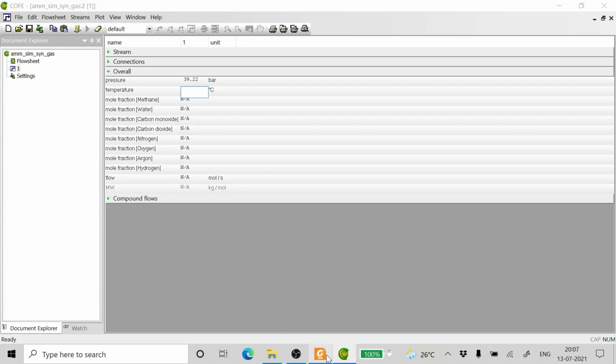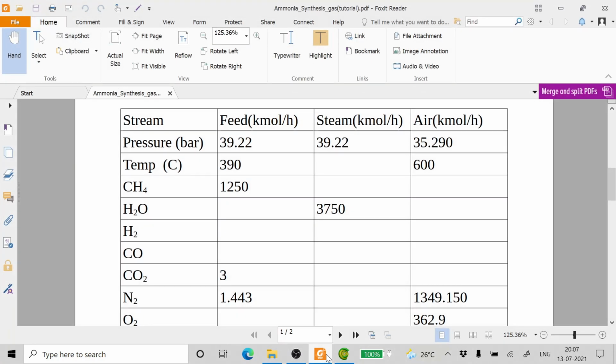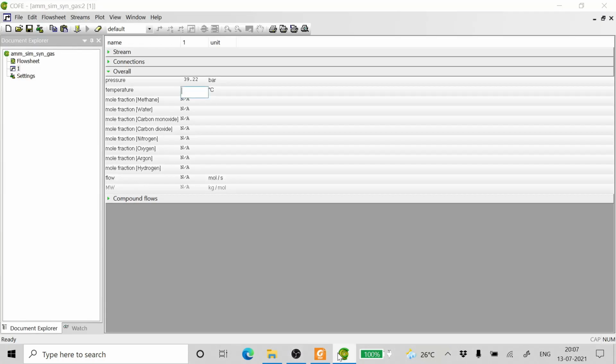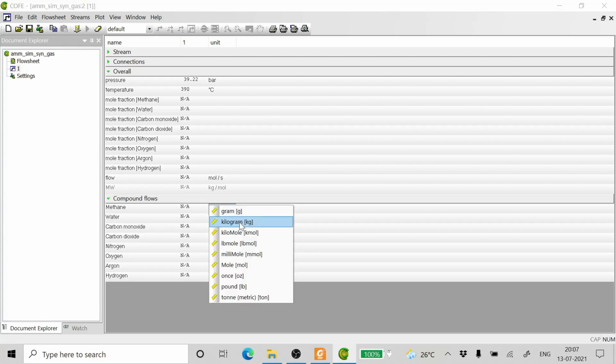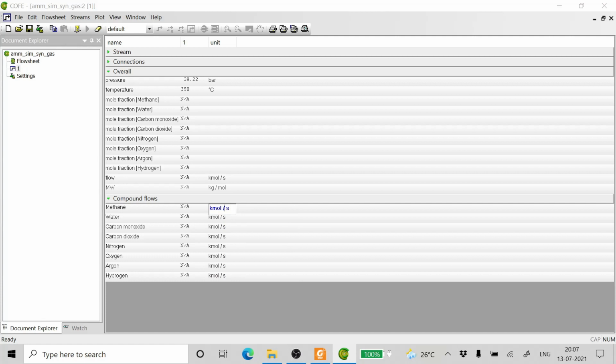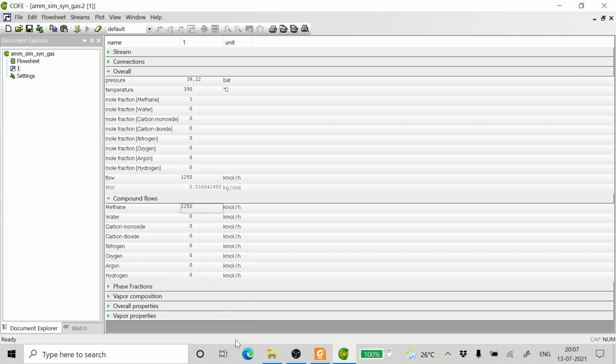The temperature at which it is entering is 390 degrees Celsius. We start with the flows. The unit of the flow is of course kilomole an hour. So we adjust the units. Now the amount of methane flowing in is 1250 kilomole an hour.